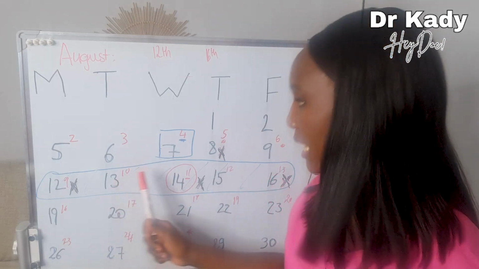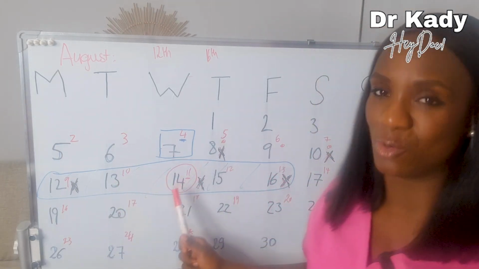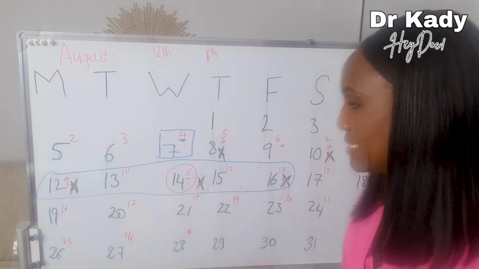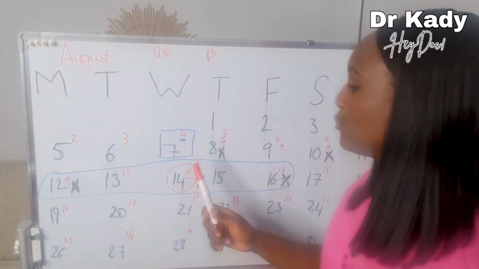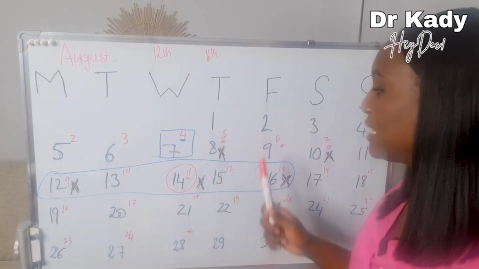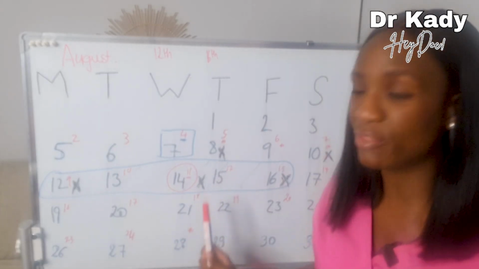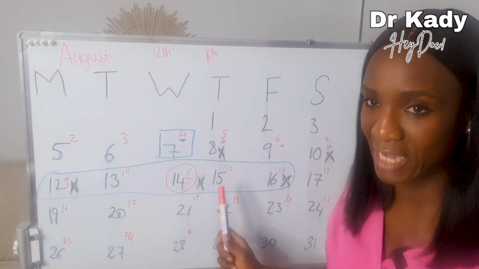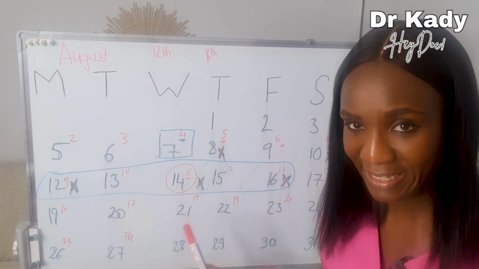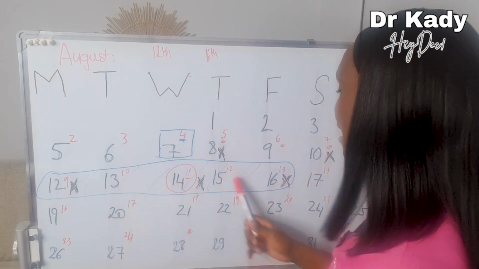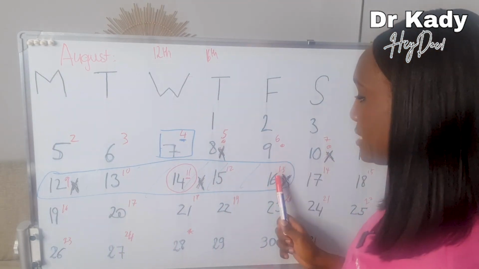If she is lucky, it will last until the 14th. Likewise, if she ovulated on the 14th, by the end of the 24 hours on the 15th, that egg will die off. If she's very lucky and that egg is robust, it will stay until the 16th.